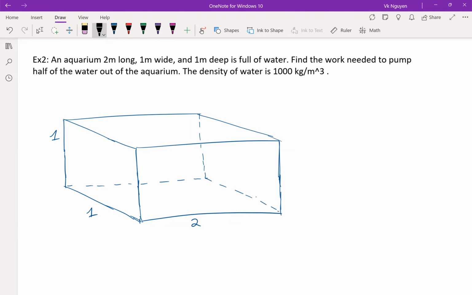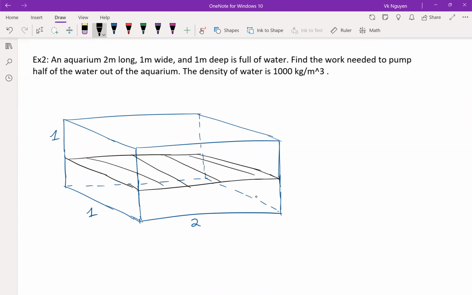Let's sketch a sample slice. This is the sample slice right here. We're going to figure out how to lift or pump this sample slice out.